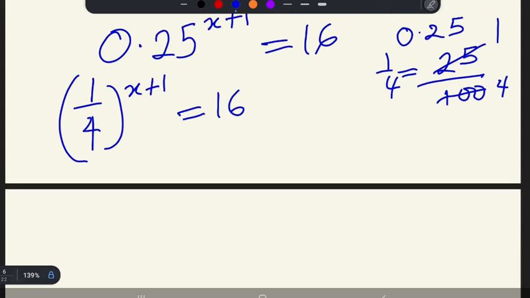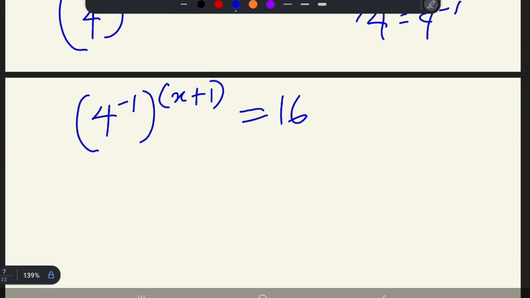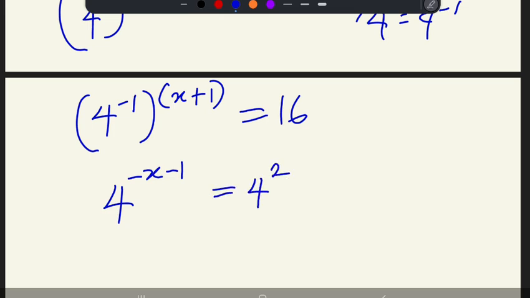1 over 4 can be written as 4 raised to power minus 1. So 4 raised to power minus 1, all raised to power x plus 1, is equal to 16. As I said earlier, the product of indices is germane, and you need to be revising it. So you have to multiply the indices together to have 4 raised to power minus x minus 1 is equal to 4 squared.